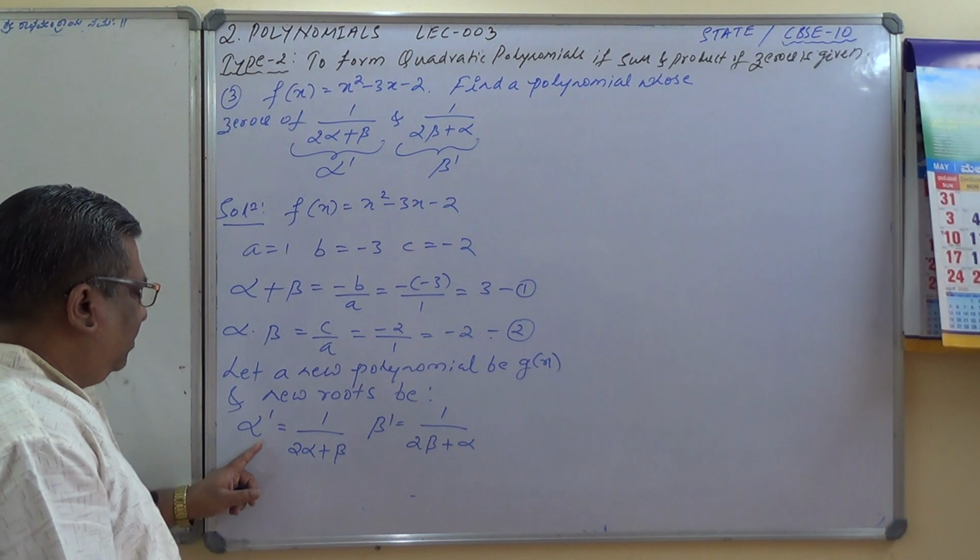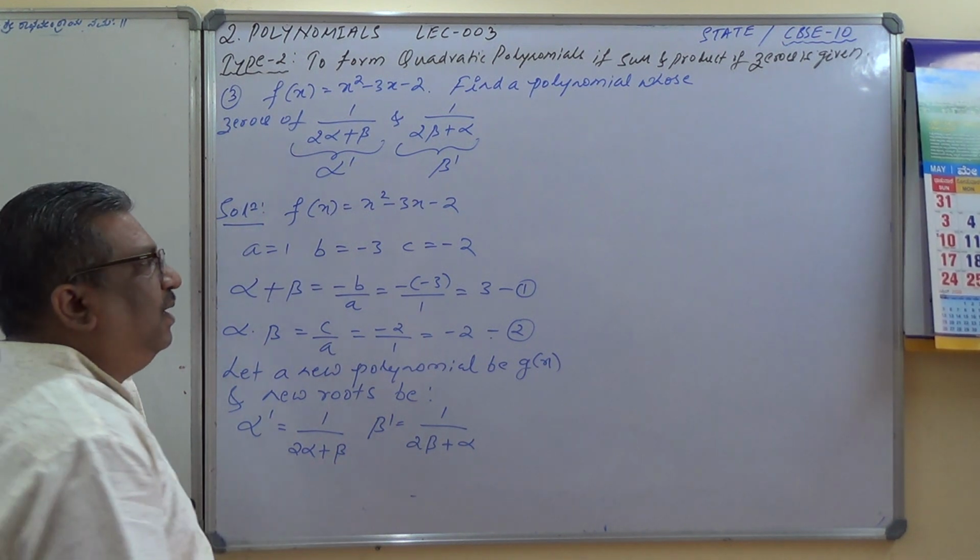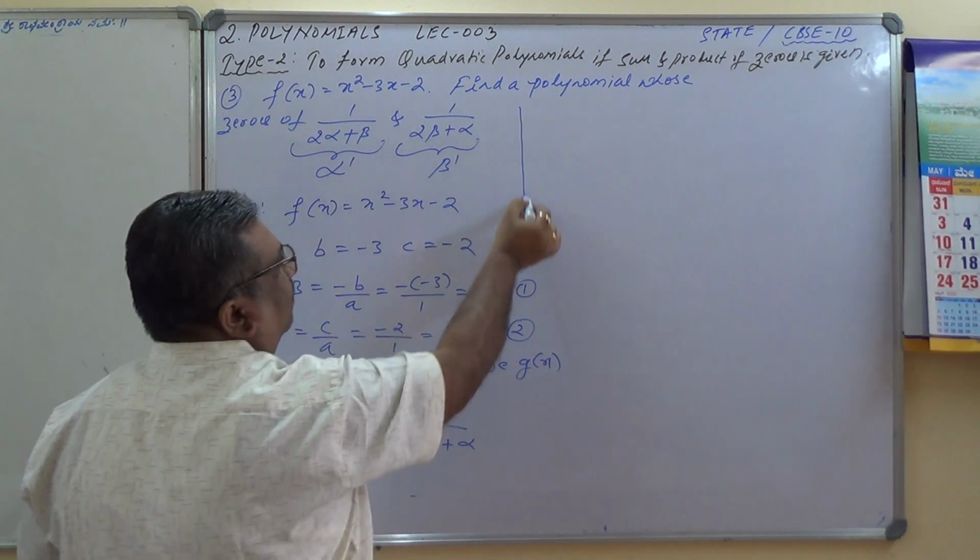So first find out the sum of zeros and product of zeros. Let us see how to find out now.